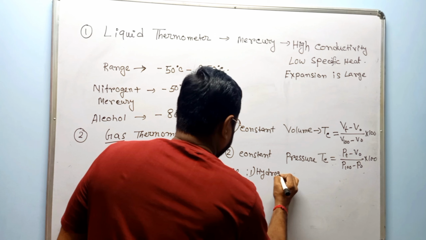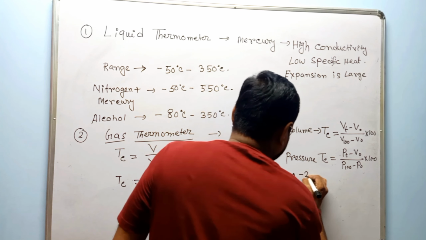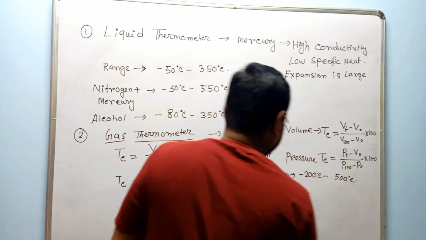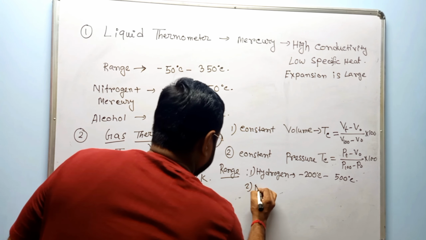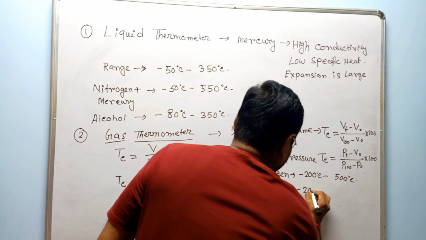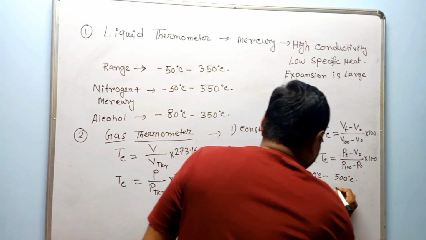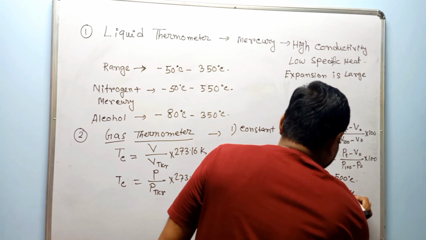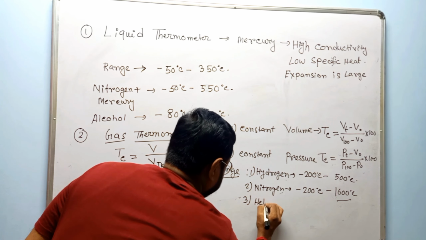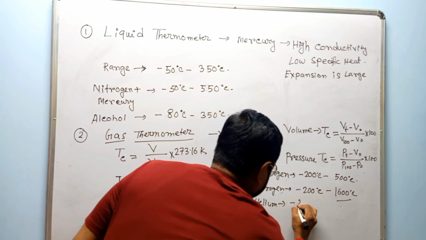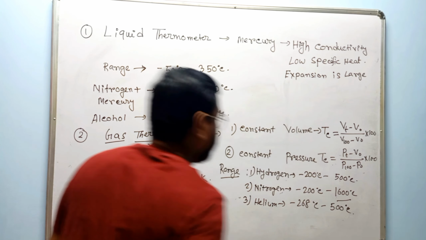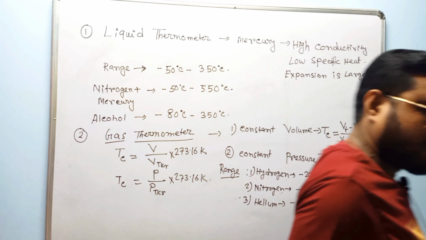For the hydrogen gas thermometer, the range is minus 200 centigrade to 500 degree centigrade. For nitrogen, it is from minus 200 degree centigrade to 1600 degree centigrade. And for helium, it is from minus 268 degree centigrade to 500 degree centigrade. Okay, write this down. Very, very important.